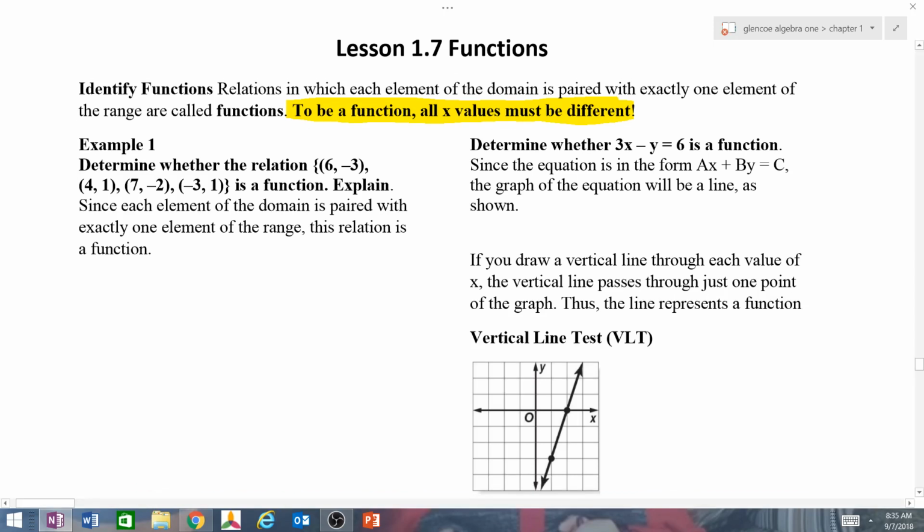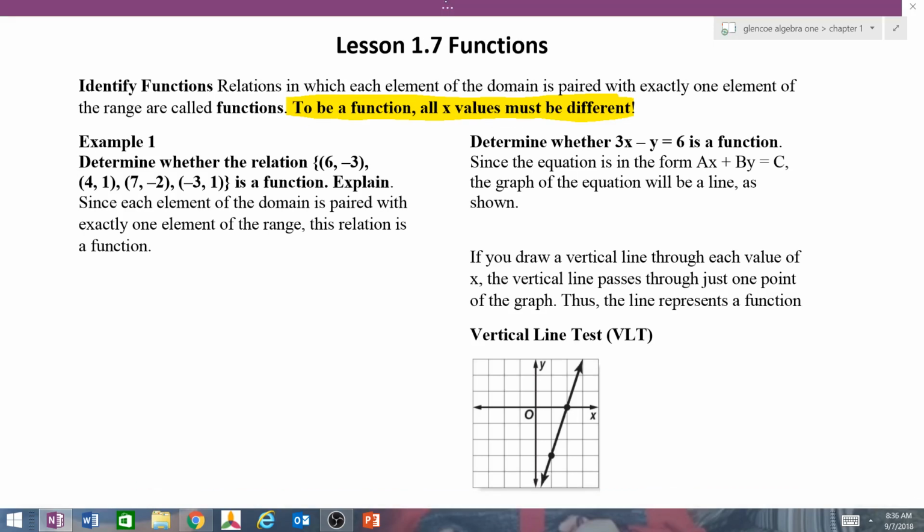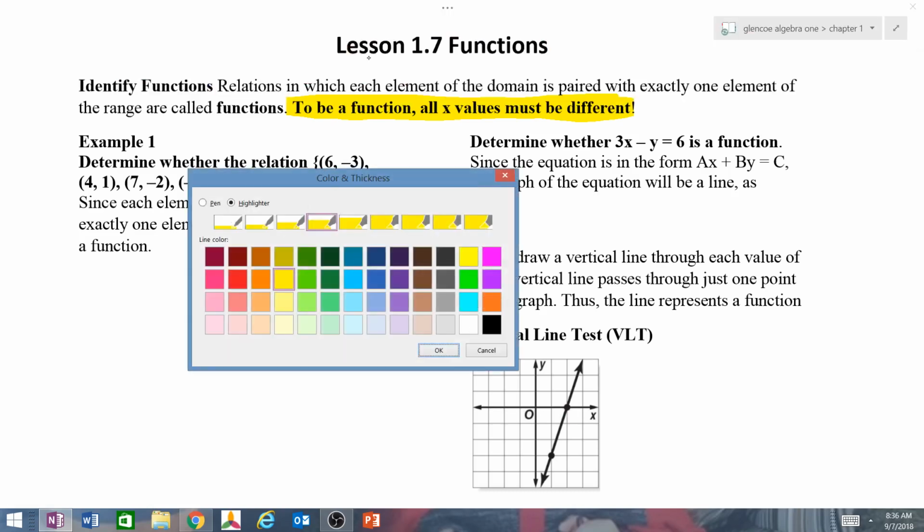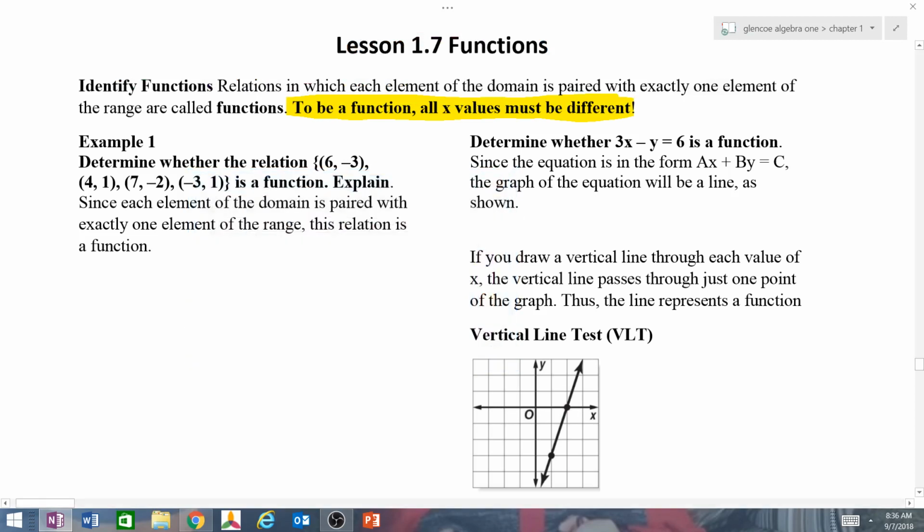Example number 1. Determine whether the relation 6, -3, 4, 1, 7, -2, -3, 1 is a function. Let me just go back to the pen element, excuse me. Okay, here we go.